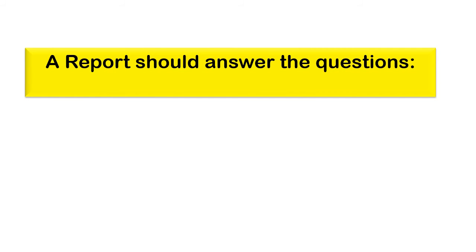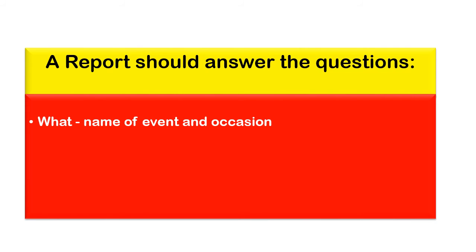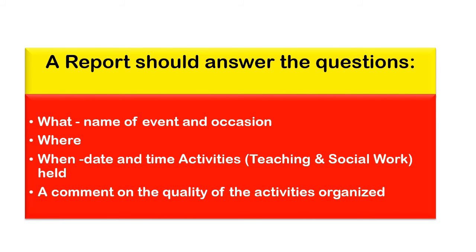A report should always answer these questions: what, where, when, and a comment on the quality of the activities organized. What means the name of the event and the occasion, that means your title and dateline will be there.